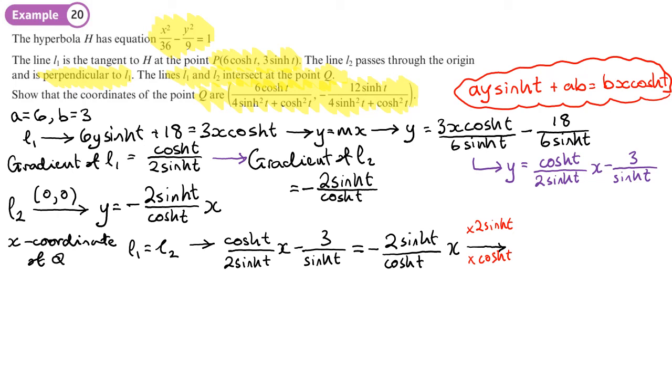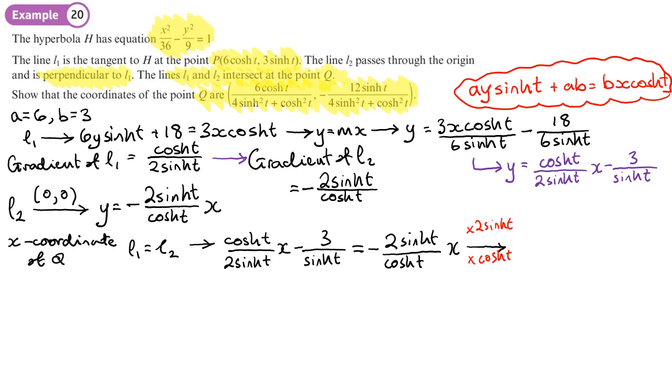So then I will end up with cosh squared t minus 6 cosh t equals minus 4 sinh squared t. And I mustn't forget I'm going to actually have an x here. Looks a bit like a power. Actually, let me write this out again and put the x's in.